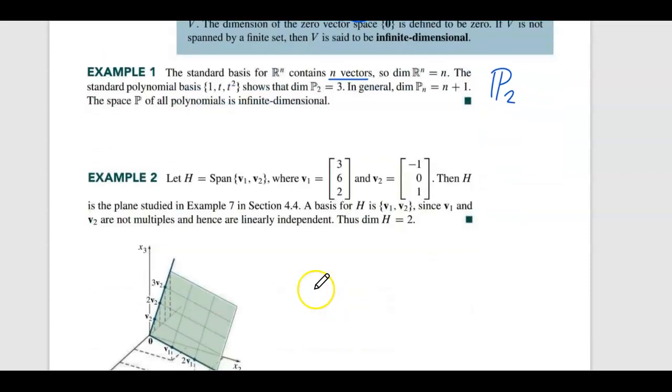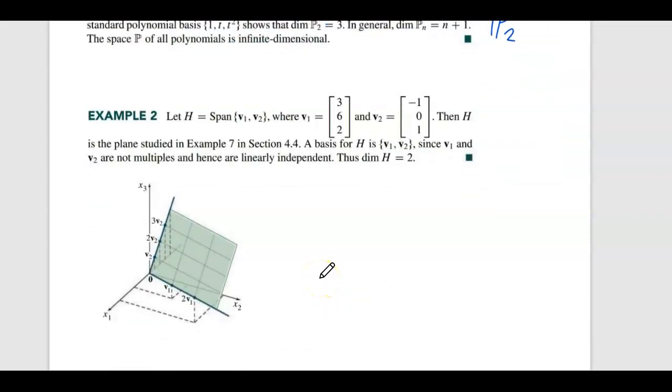All right, let's look at another set of examples here. If you know that H is the span of 2 vectors in R3, you can see here we have 3, 6, 2. I guess I was thinking in my head because 3 times 2 is 6. Nope, that's going to be it. I guess you could divide everything by 2, but just leave it as 3, 6, 2.